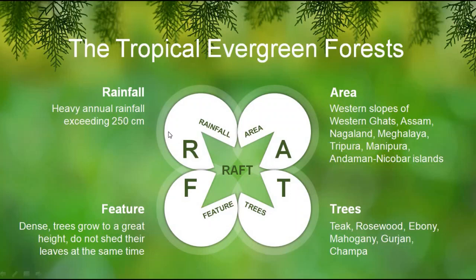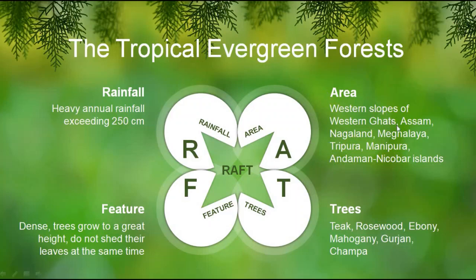Your first one, RAFT, R, rainfall. The evergreen forests are found in heavy annual rainfall exceeding 250 centimeters. In regions having more than 250 centimeters of rainfall, we can find this evergreen forest. Area, in which area?